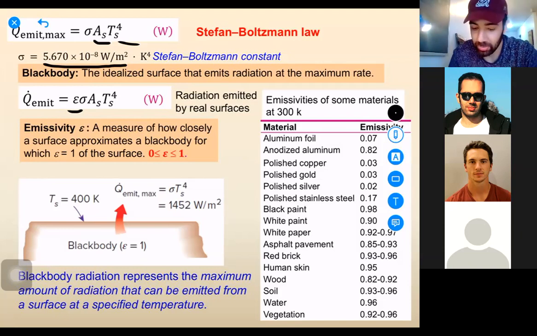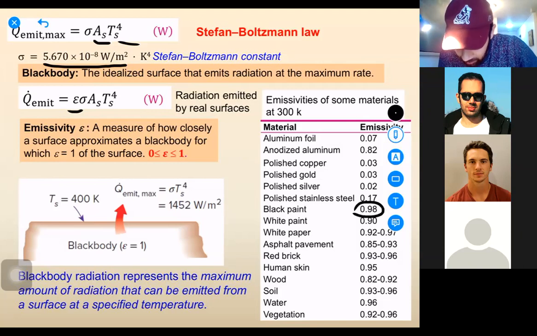So you can see different materials here have different emissivities. This term is called emissivity, and it is different for different materials. For example, black paint is really close to 1. For the white, it is a bit lower.